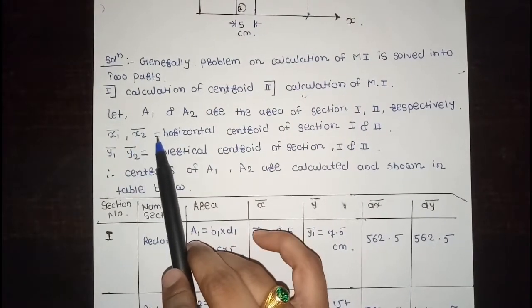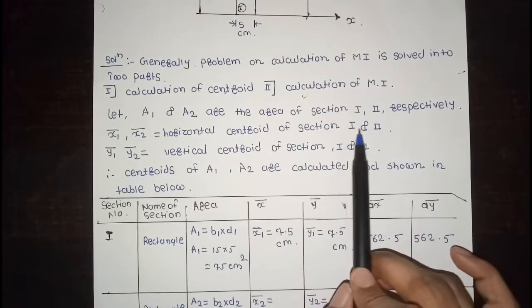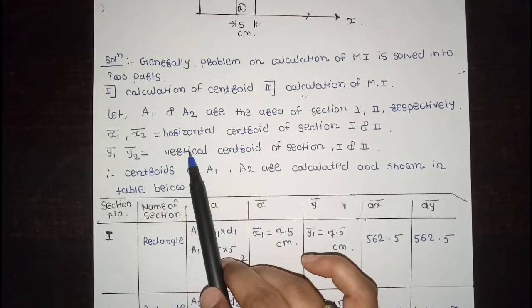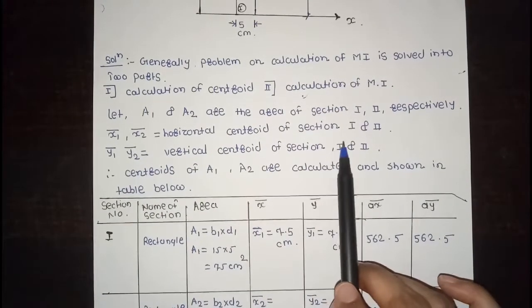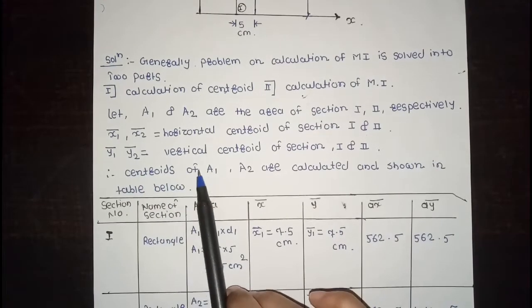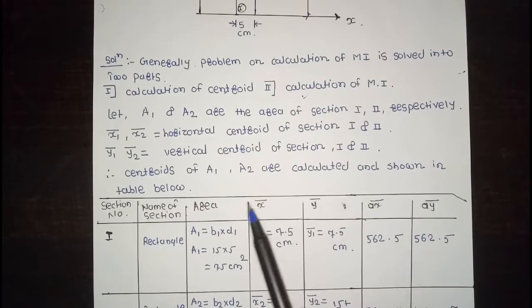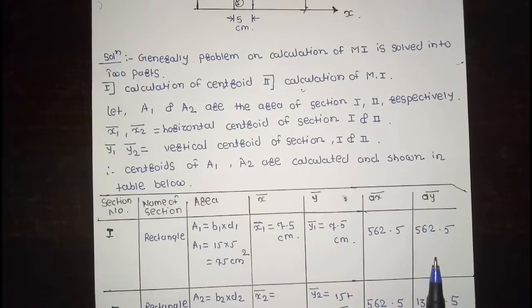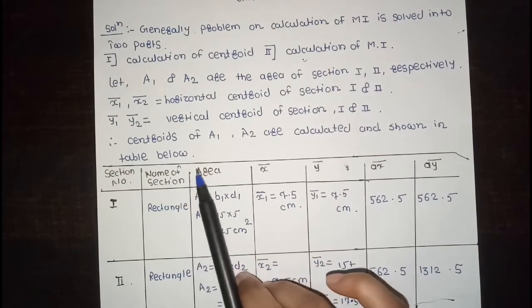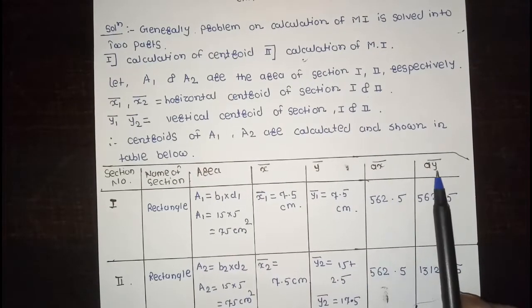X1 bar, X2 bar are the horizontal centroidal distances, and Y1 bar and Y2 bar are the vertical centroidal distances of the first and second sections. Centroids of A1 and A2 are calculated and shown in the table below. First of all, draw the table: section number, name of section, area of section, X bar, Y bar, AX bar and AY bar.